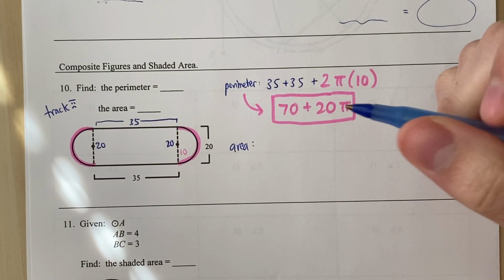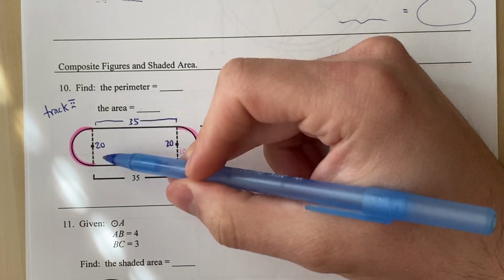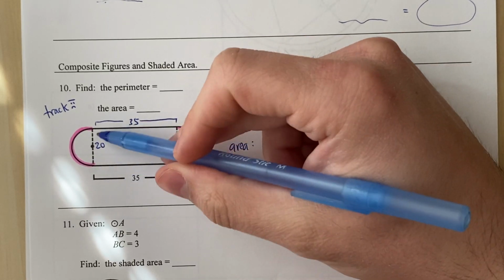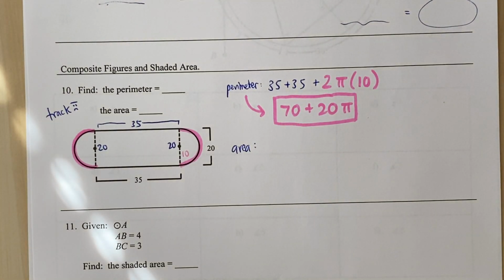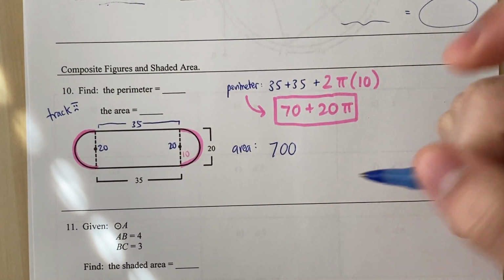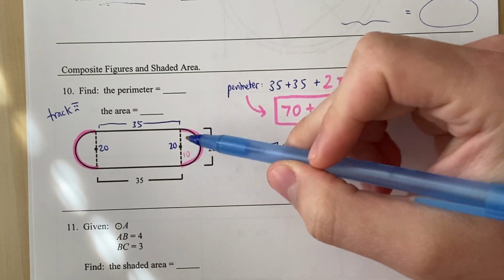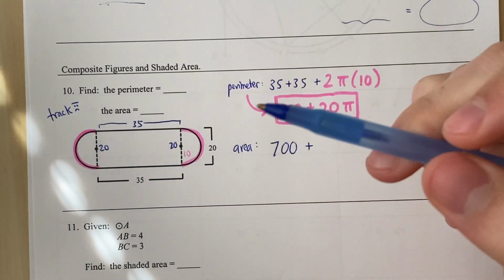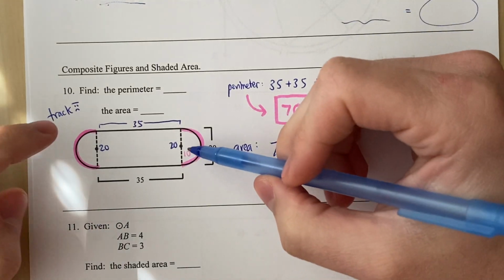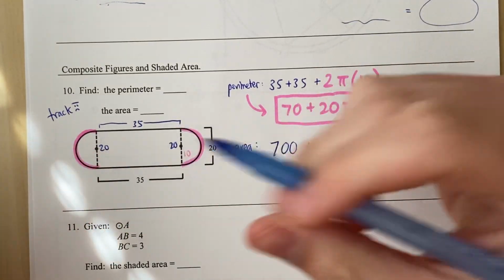So area, we could easily get the area of this rectangle. It's just base times height. So 35 times 20 is 700. So that's the inside. But I also need to add the area of this piece and this piece. If you think about area, this and this make a full circle.